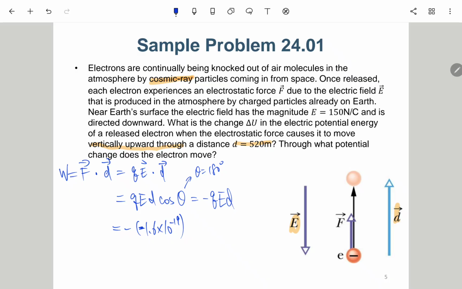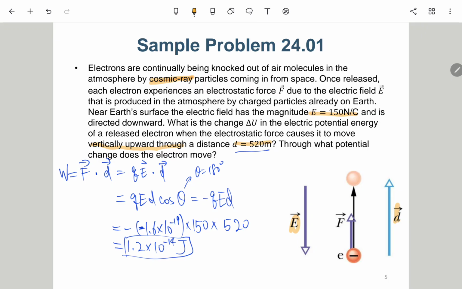And then times E, which is 150, and then times d, which is here 520 meters. So it is 1.2 times 10 to negative 14 joule. Okay, so this will be the work done.